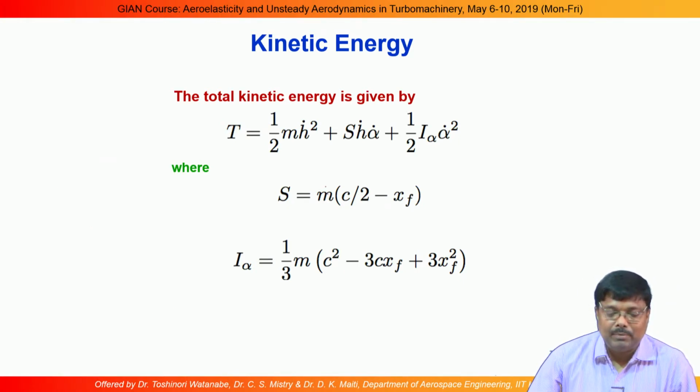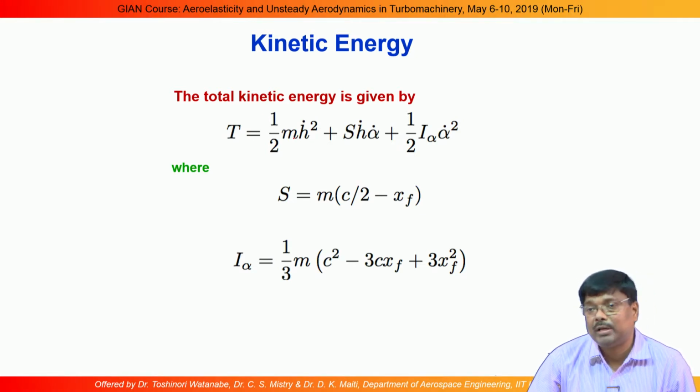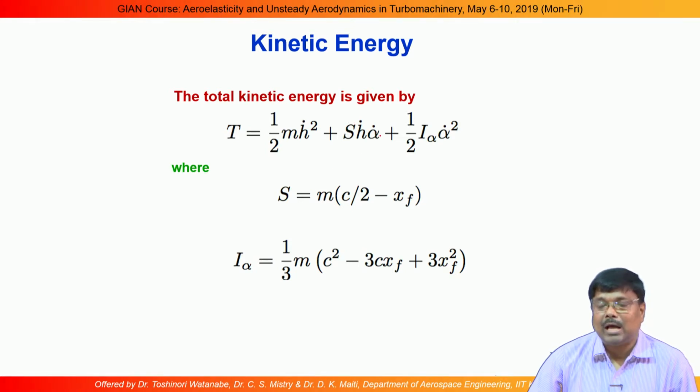That is why I am writing here half m h dot square, h dot being whatever I have considered earlier at the CG, then S h dot alpha dot plus half I alpha alpha dot square. I alpha is the mass moment of inertia into alpha dot square.